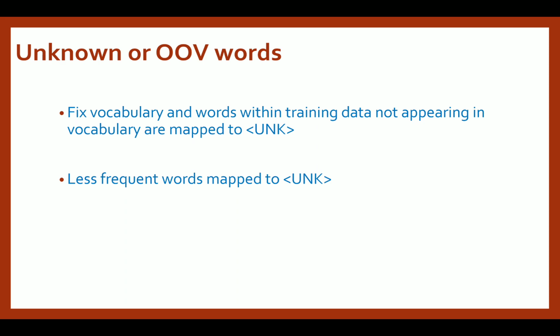In that way, all the words in their usual form appearing more than, let's say, 5 times go directly into your vocabulary, and all the words occurring fewer than 5 times are put into an unknown category and considered the same.